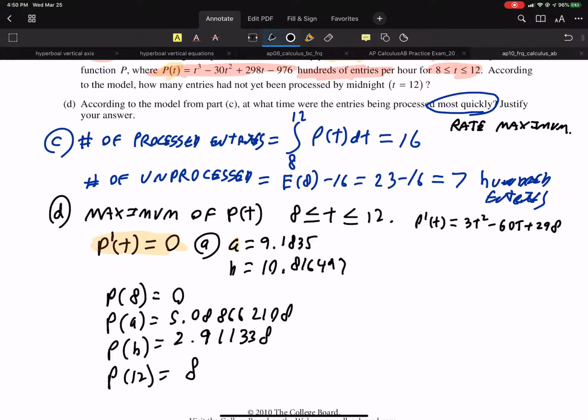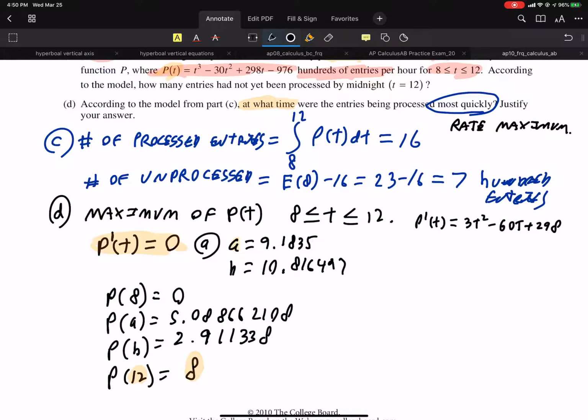So the question's asking at what time. So really read your question, because this is the maximum rate, but it's not asking for the maximum rate. It's asking for the time. So it occurs at 12.